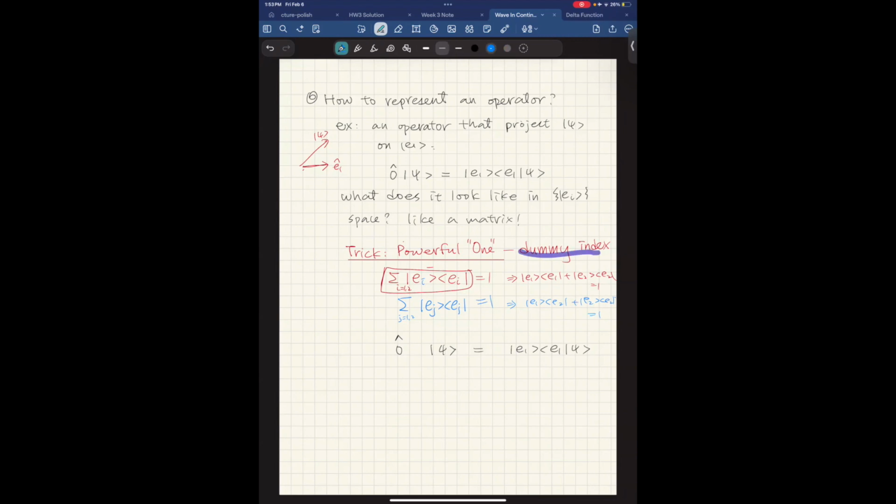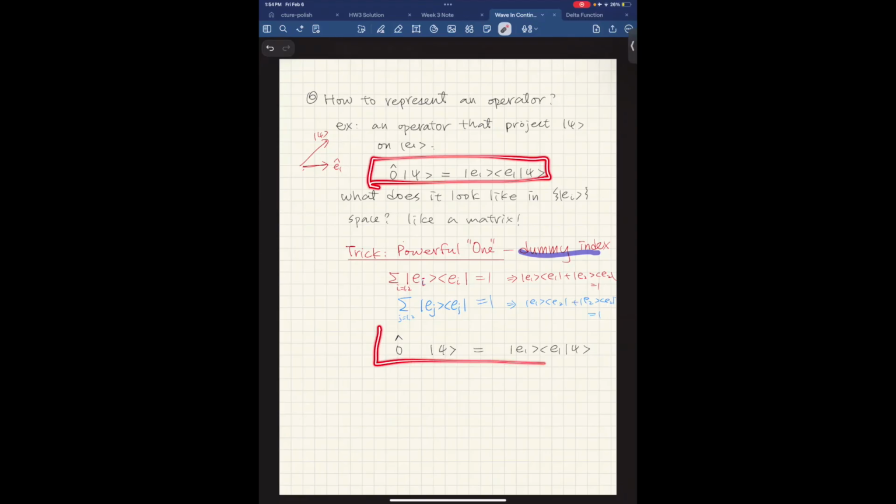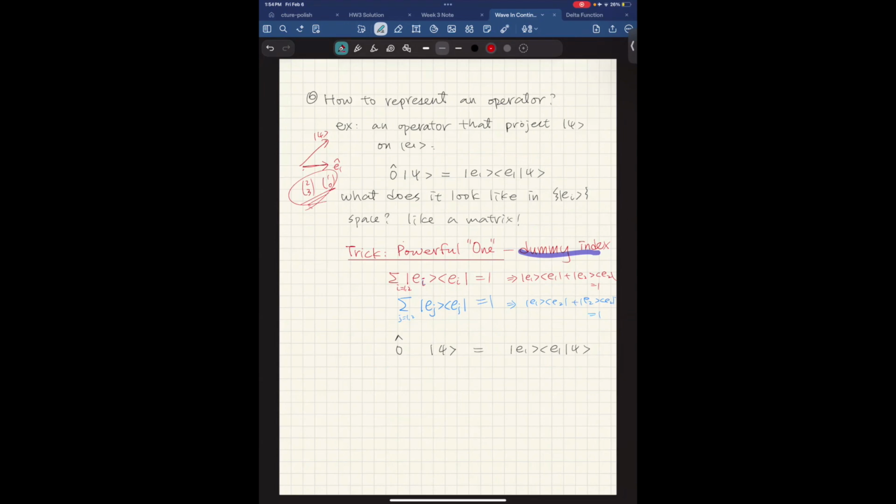So how do I make use of this dummy index? This is what we want to do. I translate it in math, the more abstract bracket language. And now I want to know what this looks like in the E1, E2 space. I want to show this equation in this kind of format, so it makes sense that I can calculate something. So let me do that.